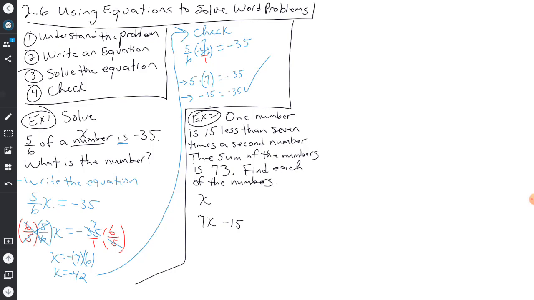One number is 15 less than 7 times a second number. So 7 times a second number minus 15 is how we would work out that part of it.